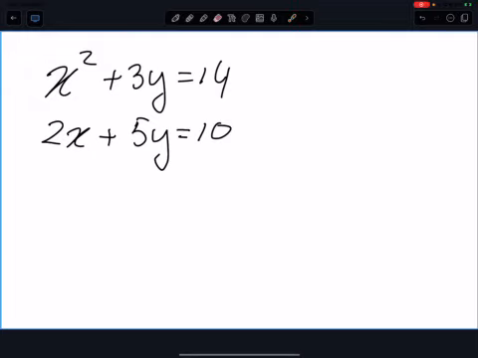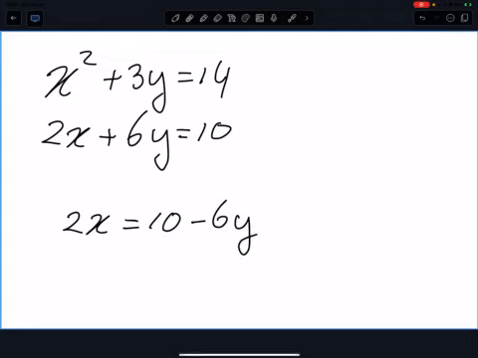I say 2x equals 10 minus, I use 6 for easier numbers, minus 6y. So x equals 5 minus 3y.